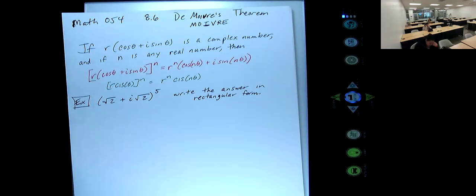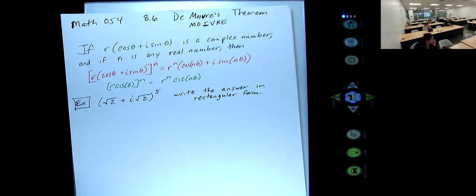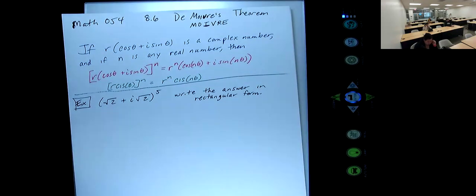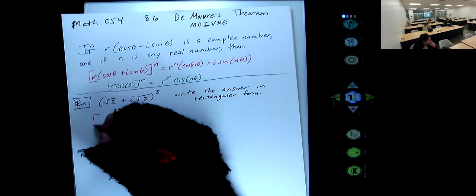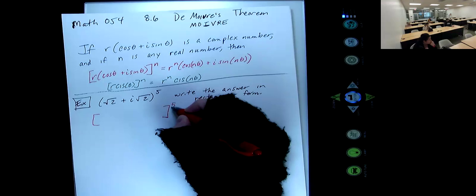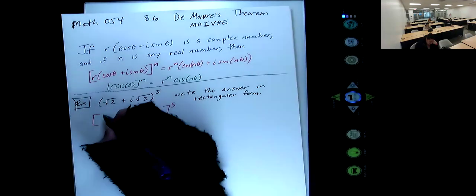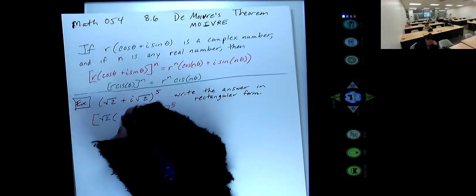Well, what can I do? I want to kind of make it look like one of these up here. So I'm gonna use a big box for the fifth power and try to get that to look like something up there. If I factor out the square root 2, I have 1 plus I.